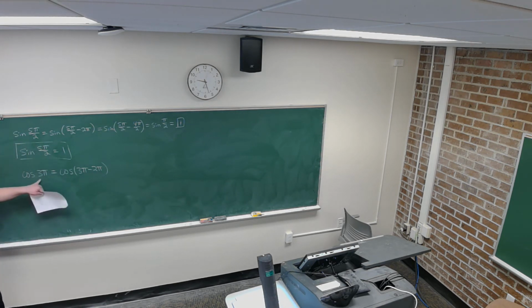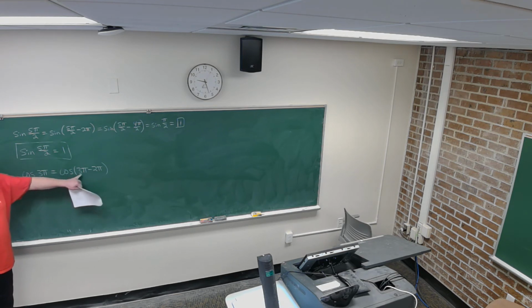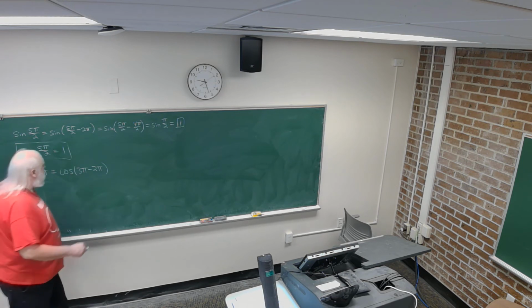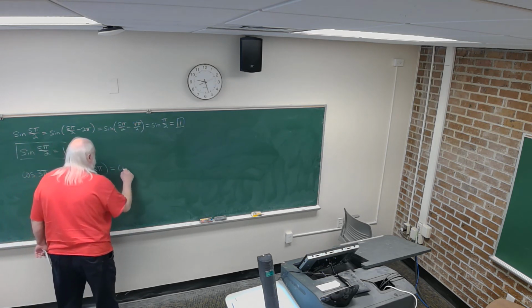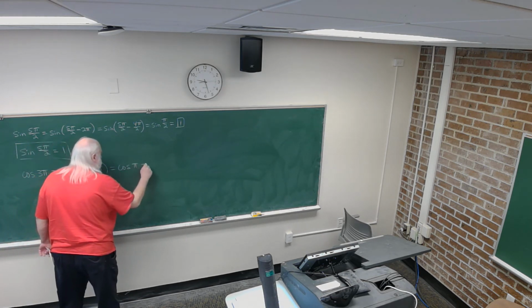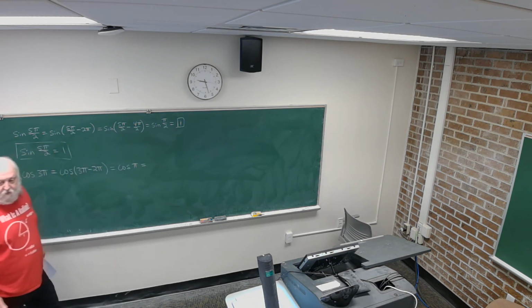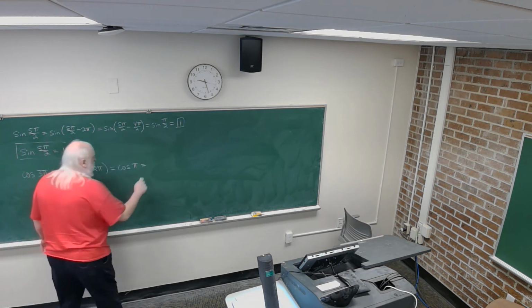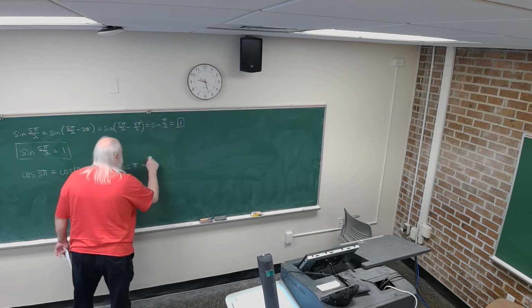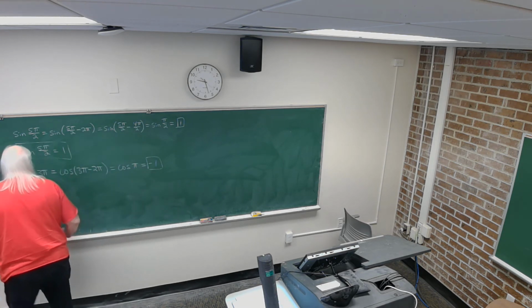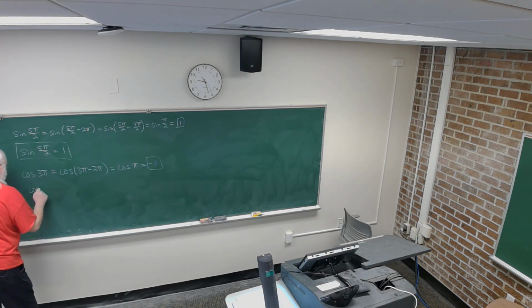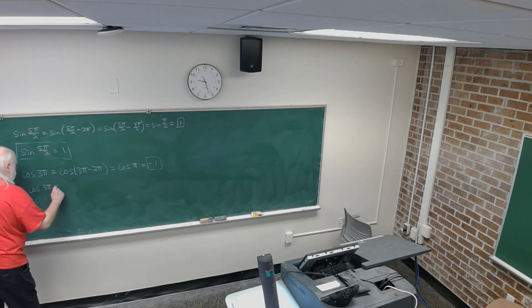So the cosine of 3 pi has the same value as the cosine of the angle 3 pi minus 2 pi. Well, 3 pi minus 2 pi is equal to pi, and cosine pi is equal to -1. So the cosine of 3 pi is equal to -1.